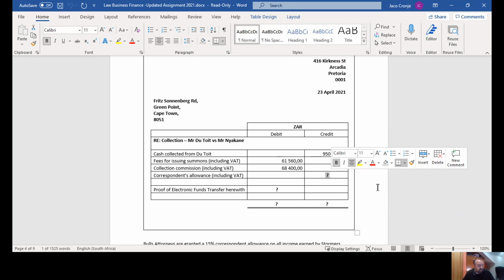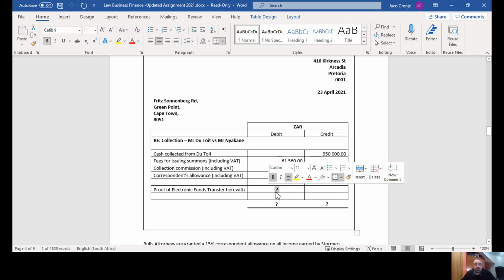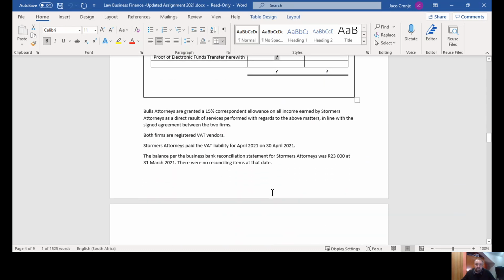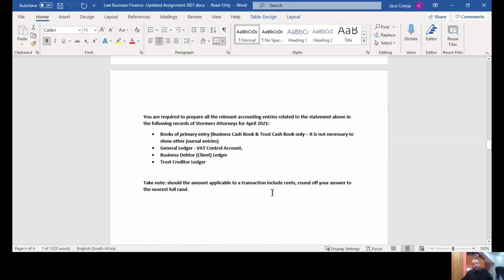In the training exercise was 30%. For purposes of this assignment, we'll do it at 15%. And then that's again going to be a cash book transaction after you've taken all of your fees, less the allowance. Whatever's left in the trust, you need to repay to your clients. So this one is not too difficult.